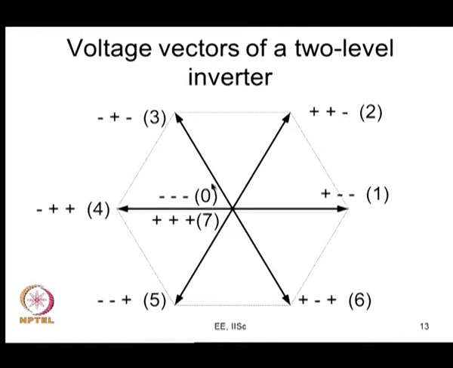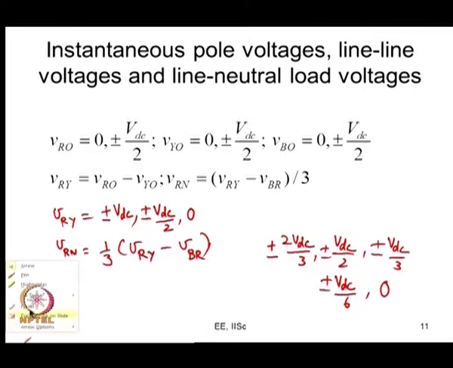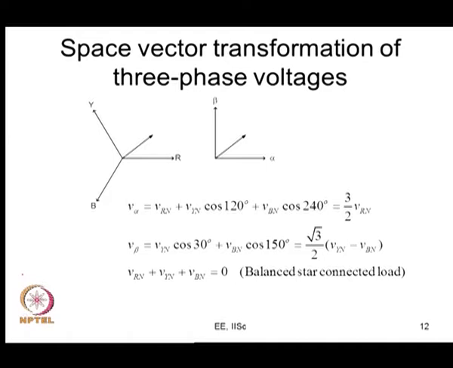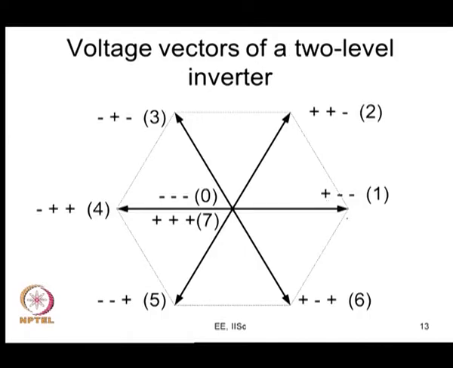The same story when you use minus minus minus, that is all the 3 bottom are on, whereas if you use for example plus minus minus, you will see that your VRN is 2 VDC by 3, this is a 2 level inverter, and VYN equals VBN equals minus VDC by 3, and this VRN, VYN and VBN will give you V alpha equal to VDC and V beta equal to 0, and that is what this vector is.